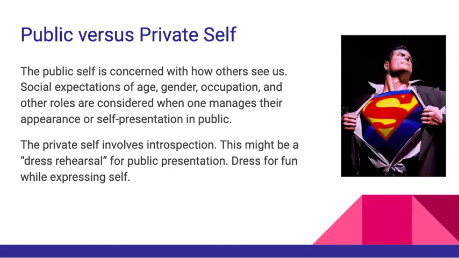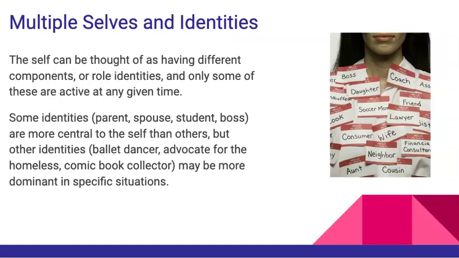Where the private self involves more reflection in our head, and this might be where we do a dress rehearsal for public presentation, or it could be where we dress for fun while expressing ourselves. But there is sometimes a difference between the public self and the private self. If you just think about a day where you don't have to go out, how that self might be very different than a day where you have to go to work or to school.